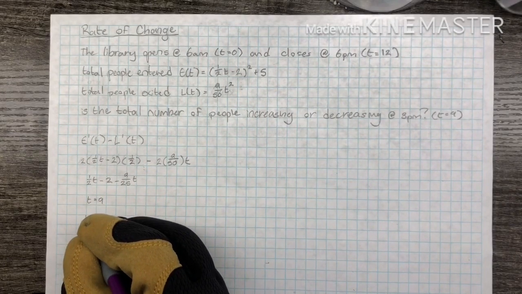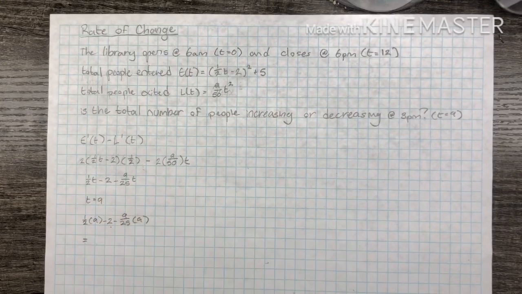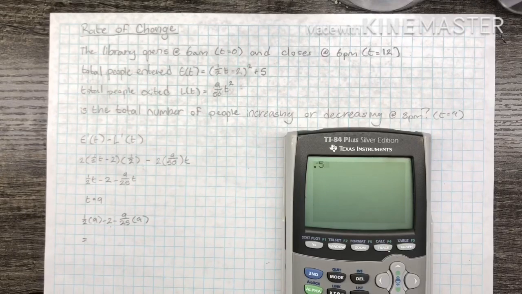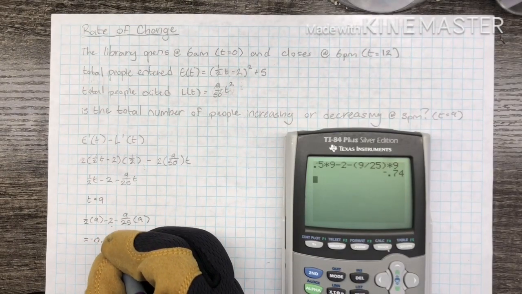Plugging in t equals 9 because we are finding the rate at 3 p.m., we get the total rate of people entering and leaving to be negative 0.74 people per hour.